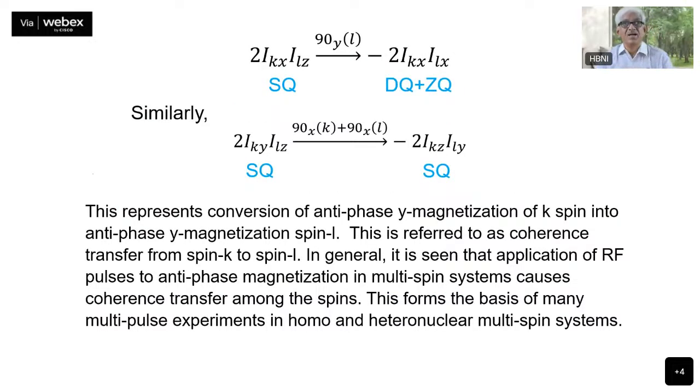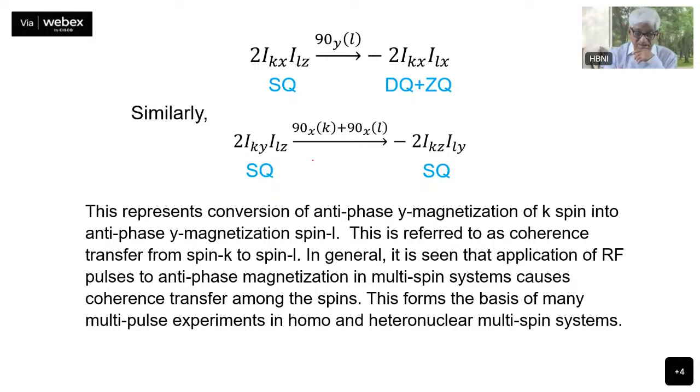Okay. So this I already explained to you. 2 IKX ILZ, if I apply a 90 Y pulse only to L spin, this gives me 2 IKX ILX, which is again a mixture of double quantum and zero quantum coherences.